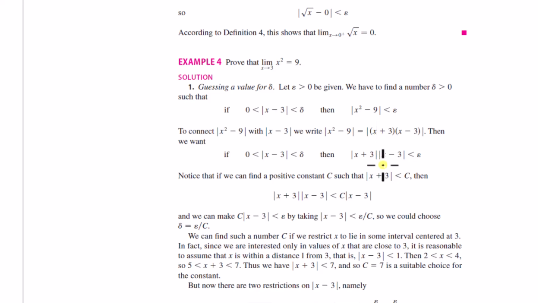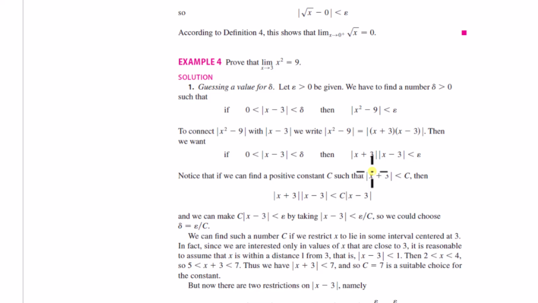Okay, now we're close. We've got an absolute value of x minus 3 here and an absolute value of x minus 3 here, but we still have this absolute value of x plus 3 mixed in with the output inequality. So what they do is they get really flexible with the absolute value of x plus 3, because we really don't care what the absolute value of x plus 3 is.